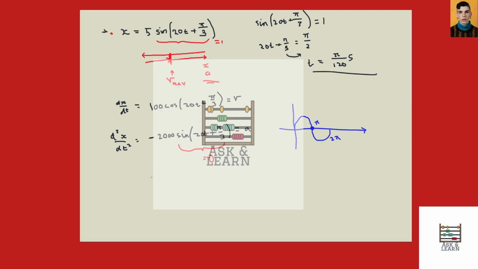So what we can say is that 20t + pi/3 is equal to pi. So again, rearranging this to obtain t, by subtracting pi/3 from pi and dividing by 20, we get that t is equal to pi/30 seconds.